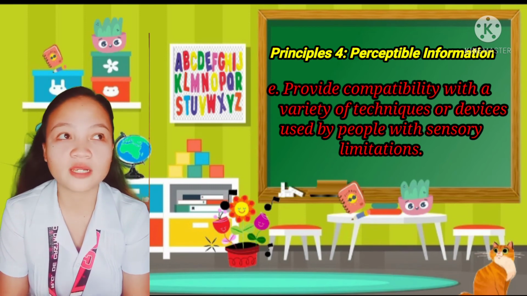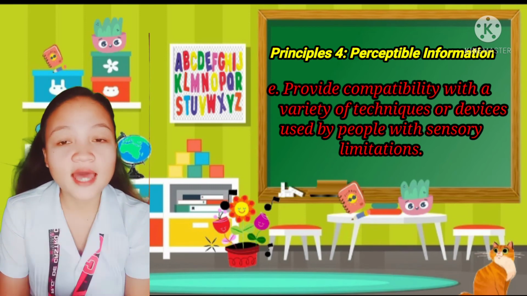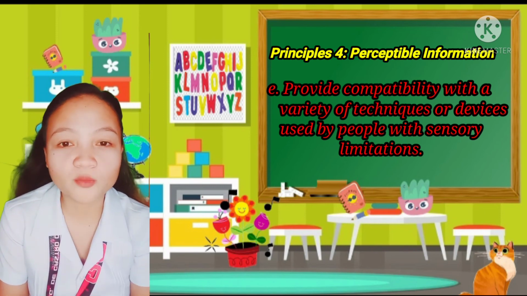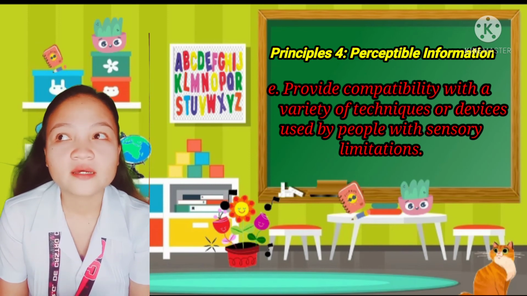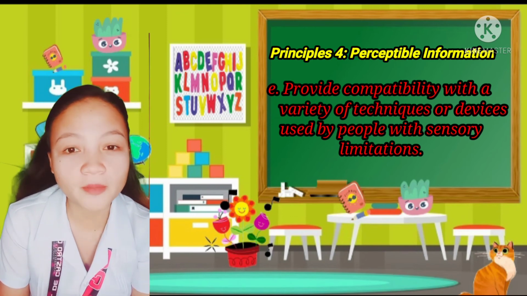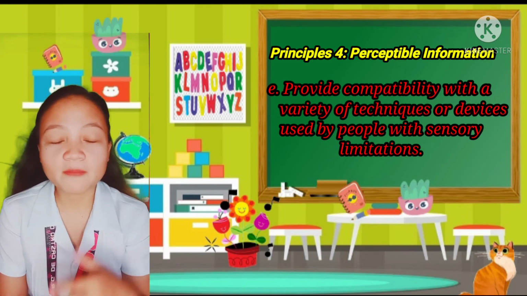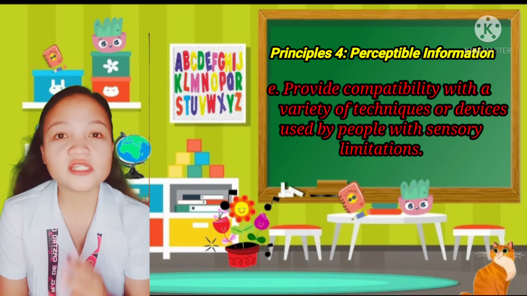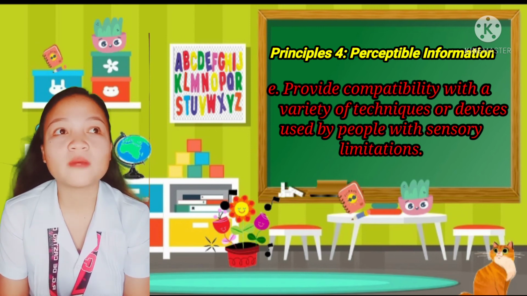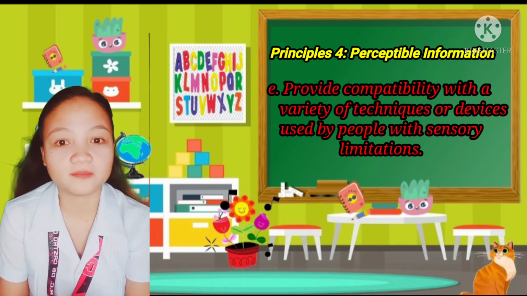Halimbawa kung bibili ka sa tindahan, kung anong mga informations na gusto mong malaman, i-detect mo na lang dun sa QR code para mas madali kang mai-inform. Mas madali mong mababasa yung mga informations na kailangan mong malaman dun sa specific place na pinuntahan mo, na gusto mong malaman yung mga informations about that place.